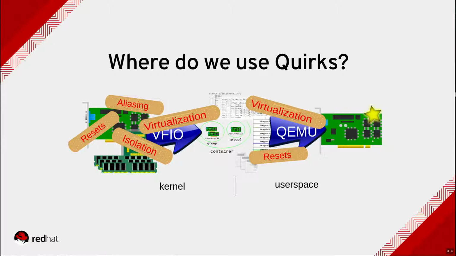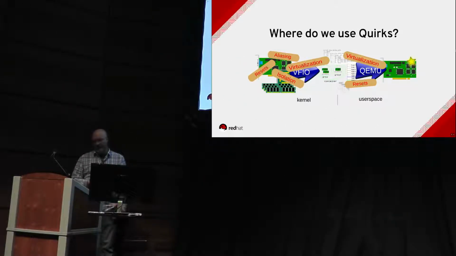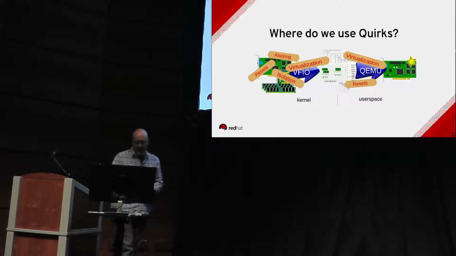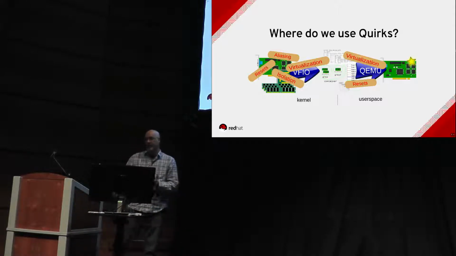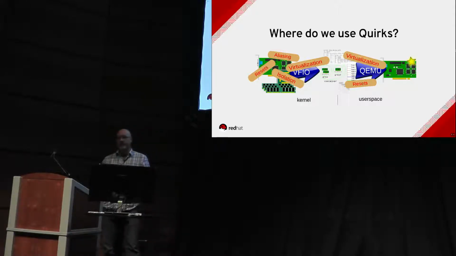And where can we make use of those quirks? I guess I missed that slide. Didn't show up in this one. We can pretty much make use of quirks anywhere in the VFIO stack. But something we need to be concerned with when we're implementing quirks is the performance effect we have on the device. When we're modifying things in config space, that's pretty much free because config space is usually considered to be a slow path anyway.